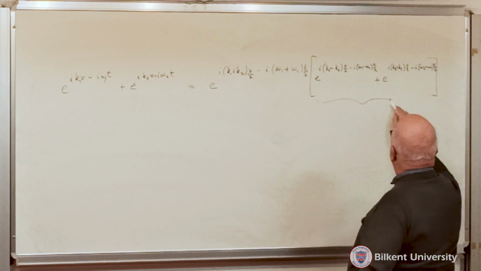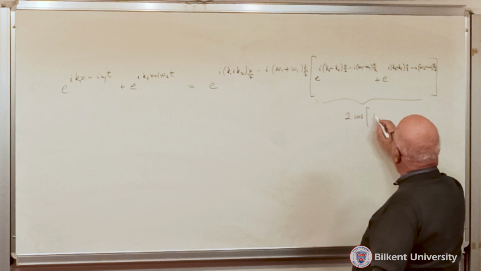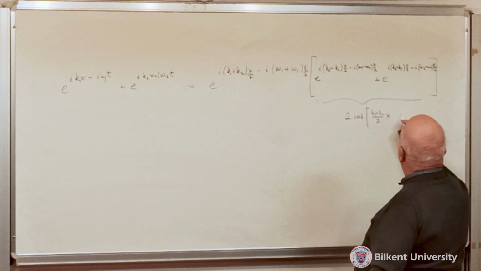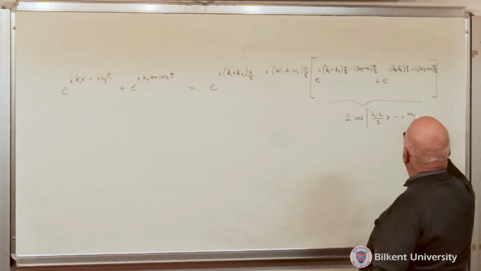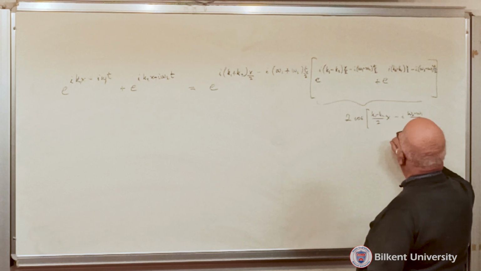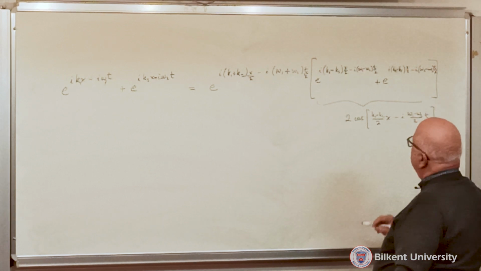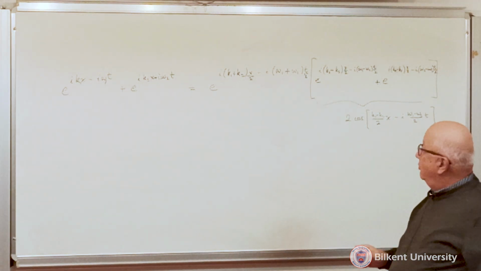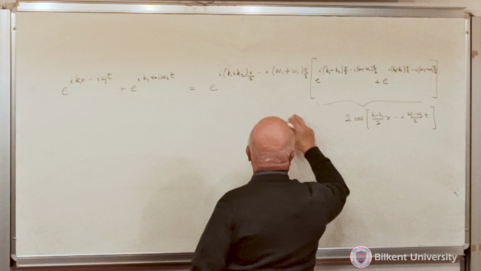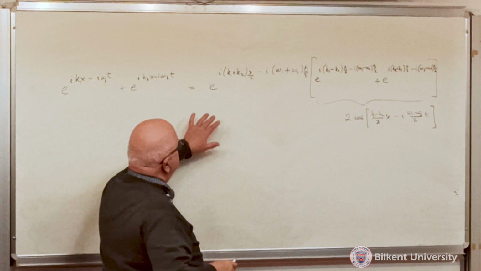So this whole thing is just twice the cosine of (k1 - k2)x/2 minus (ω2 - ω1)/2, that is (ω1 - ω2)t. Okay, so what I have is a product of two waves. One wave is this one here.